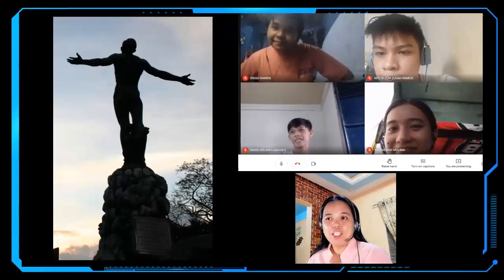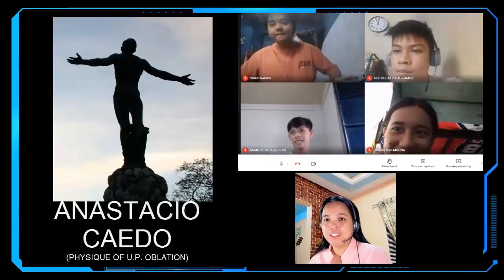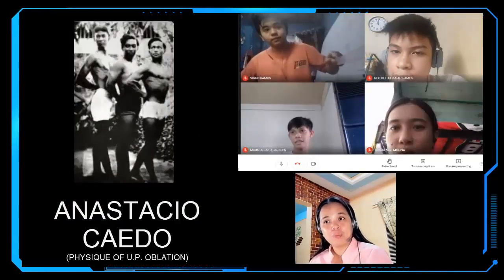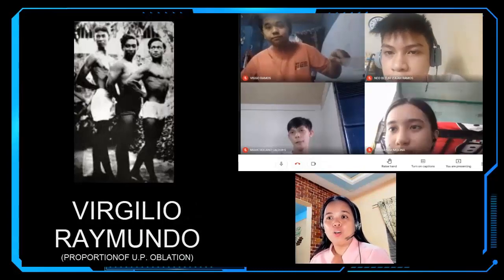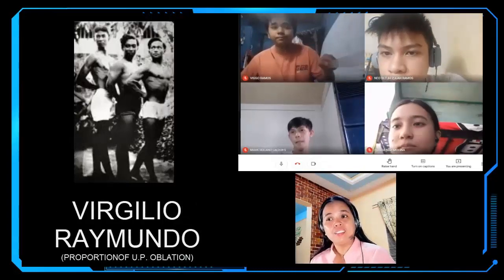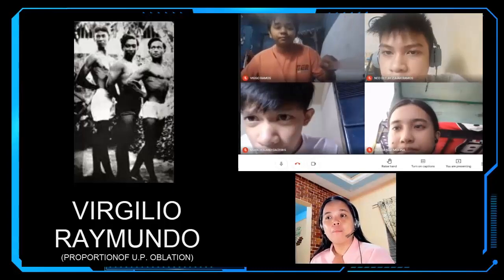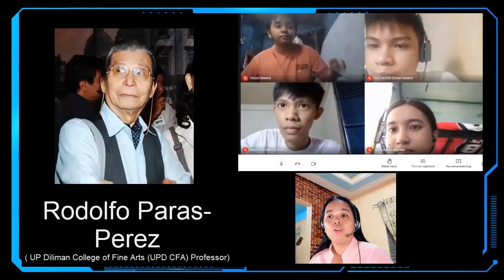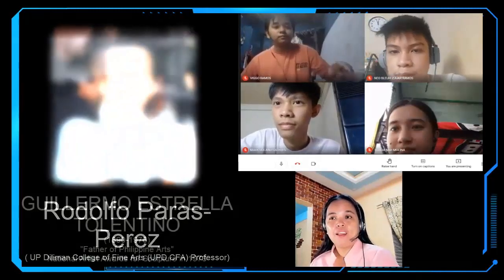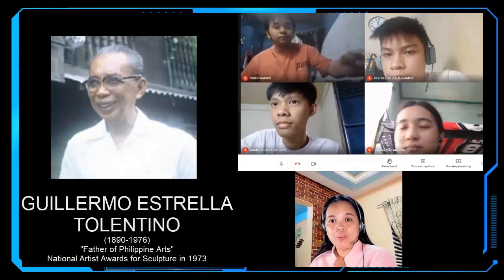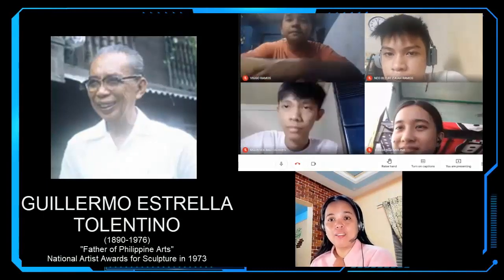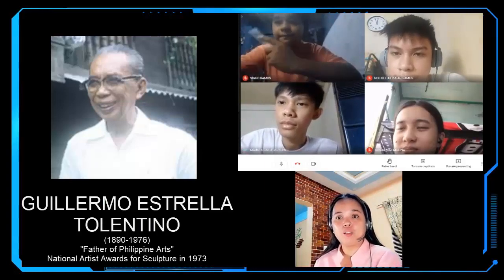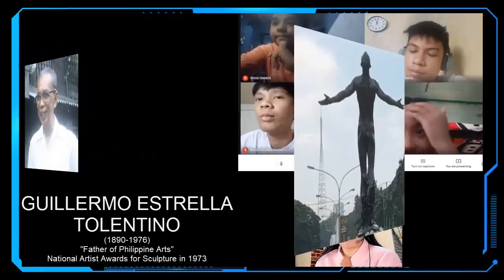Tolentino based the oblation on the physique of his student assistant Anastasio Caedo and the proportion of his brother-in-law Virgilio Raimundo. And this is according to the book written by the late UP Diliman College of Fine Arts professor Rodolfo Paras Perez. Guillermo Estrella Tolentino, 1890 to 1976, received the National Artist Award for Sculpture in 1973.